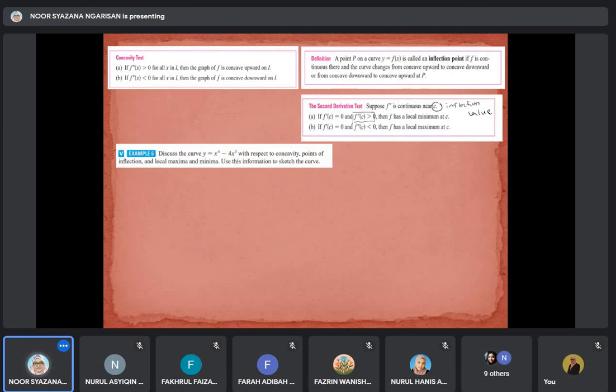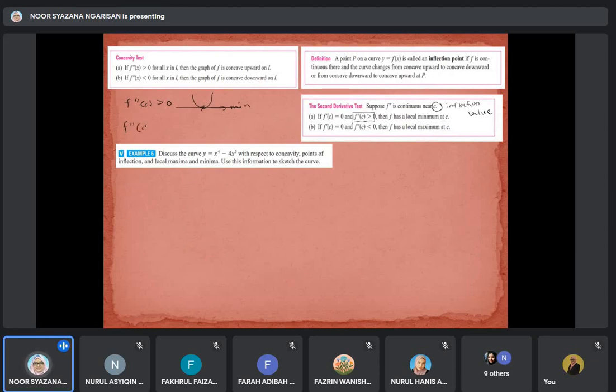F double prime c more than 0, upward kan? Graf kita akan senyum. Bila graf senyum, point kat bawah ni akan jadi minimum. Sebab tu dia tulis: if second derivative more than 0, f has a local minimum. Sebab senyum, point bawah ni akan jadi minimum.